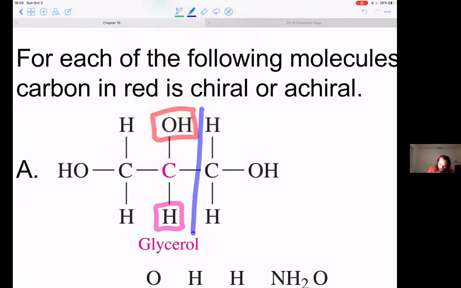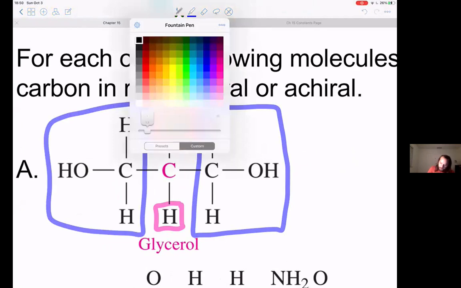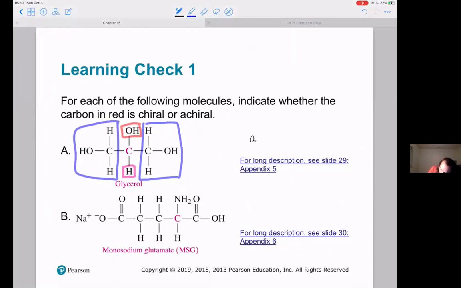But then these 2 right here are the same thing. They are both CH2OH groups, right? So I only have 3 different groups bound to that central carbon. So that would make glycerol achiral, right? Meaning it's not chiral. That carbon that's indicated is not bound to 4 different groups.